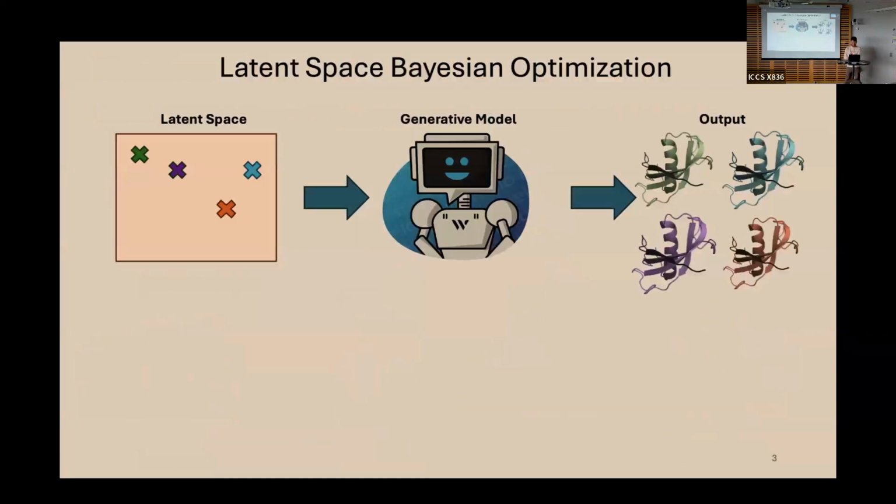Okay, so we have been looking a lot at this idea that is not our idea originally, but I think it's a really good idea called latent space Bayesian optimization. And the idea is I can train generative models in structured domains. So for example, let's say I'm trying to make antimicrobial peptides. These are small, I don't even want to call them proteins, but small sequences of amino acids that kill bacteria, right?